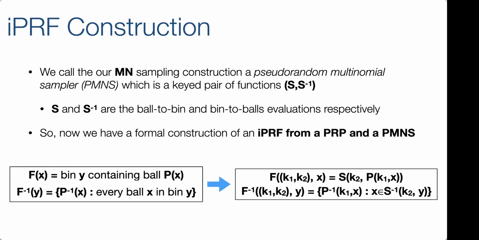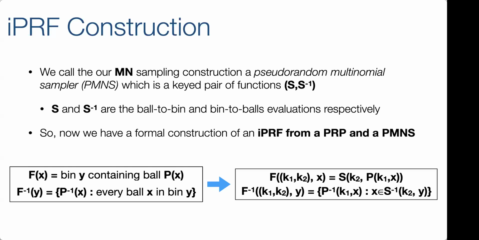The IPRF is just the natural construction that we outlined before. In the paper, we define a pseudorandom multinomial sampler, which is what I've pretty much gone through. It's this recursive algorithm with this pair of keyed functions that correspond to the ball to bin and bin to balls algorithms. And then we just get this IPRF by composing in the way that I said before. We just compose in the correct order and we get out an IPRF.